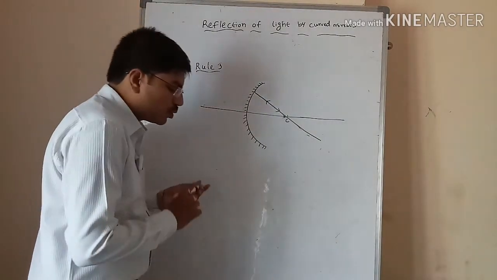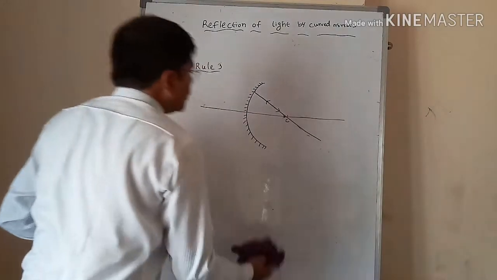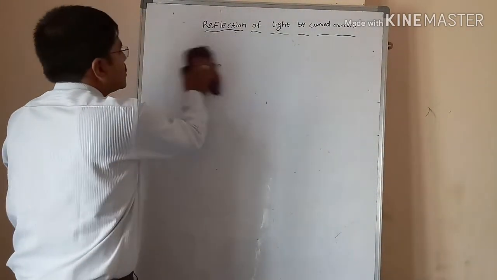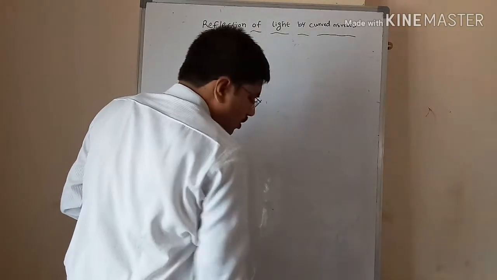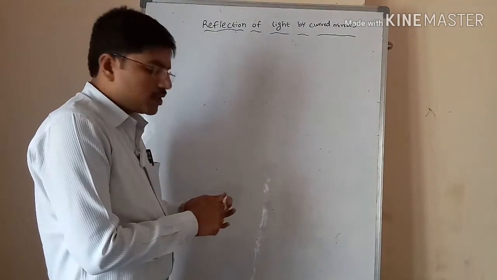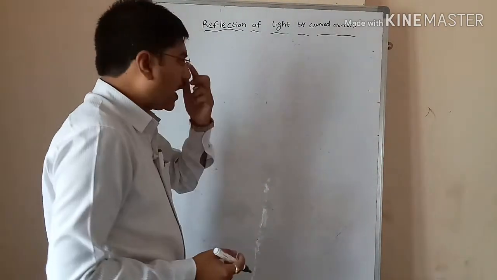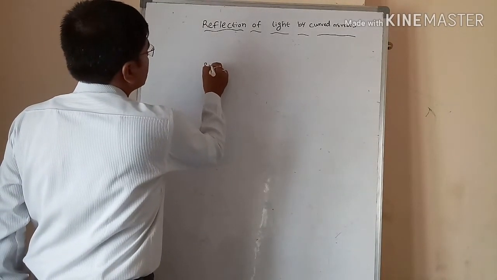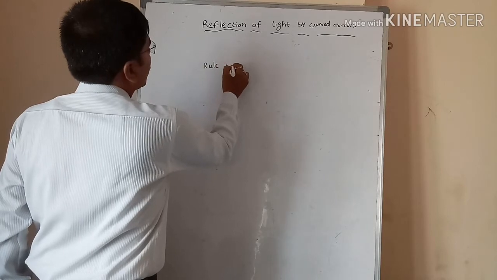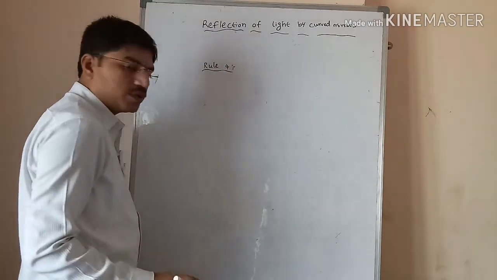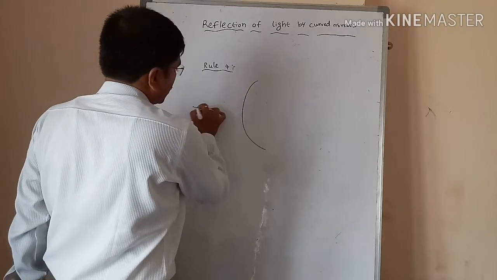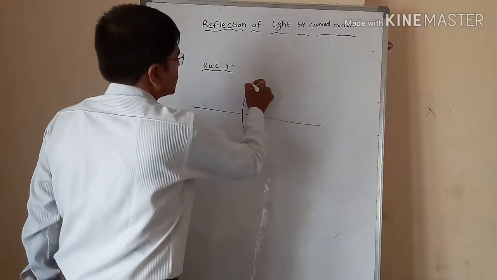Now the fourth rule will also be present. For example, we already know the first law of reflection: angle of incidence is equal to angle of reflection. Now rule 4: you can just think that this is a concave surface, and again I am going to draw a concave surface.